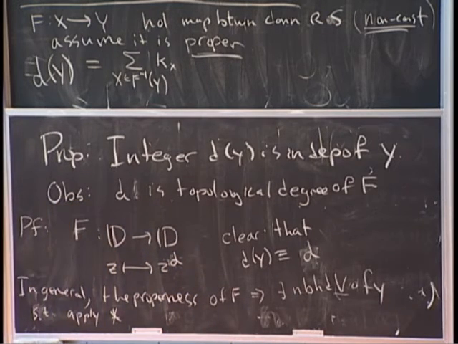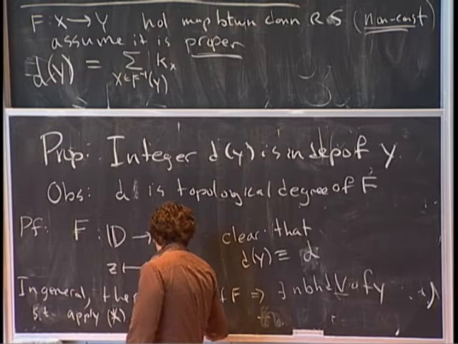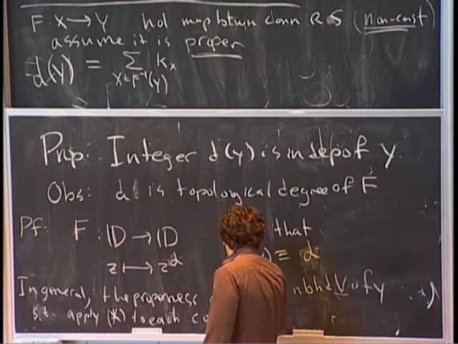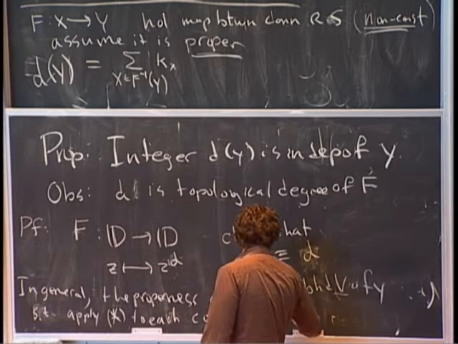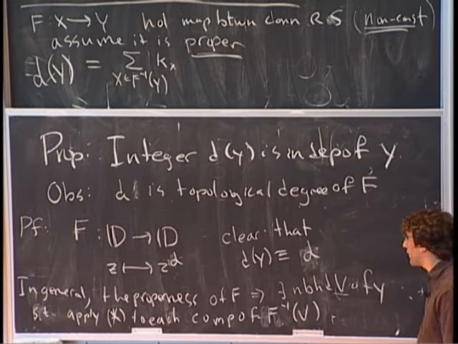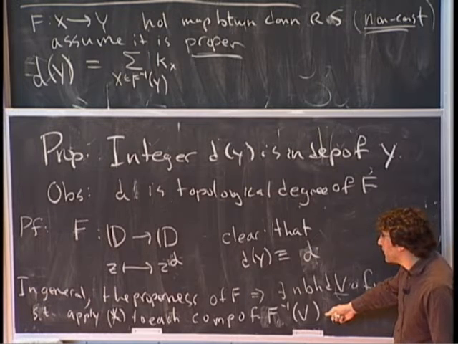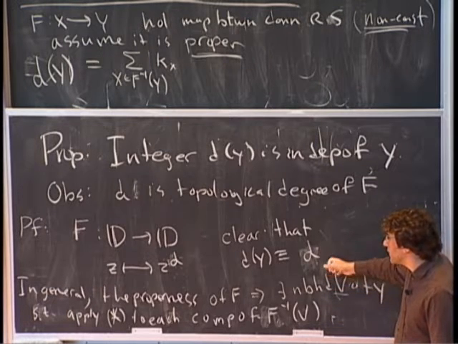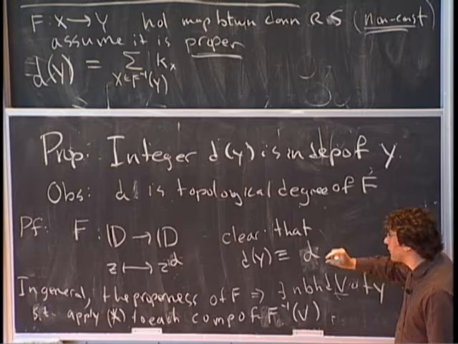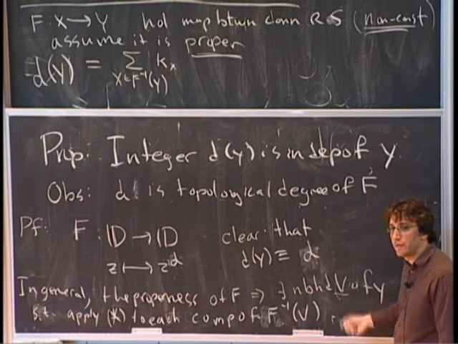So since we can apply star to each component of V, we can compute in each of these components of the preimage that the degree is locally constant, and hence the degree is locally constant in V if we add everything up.